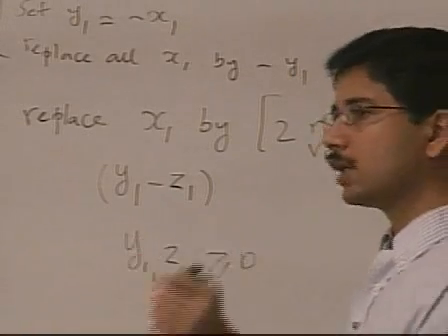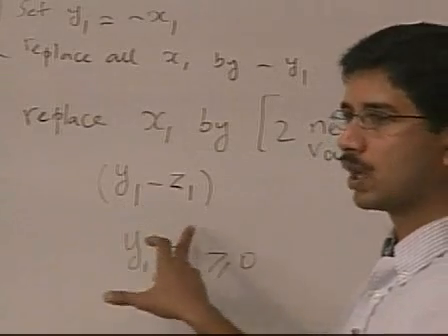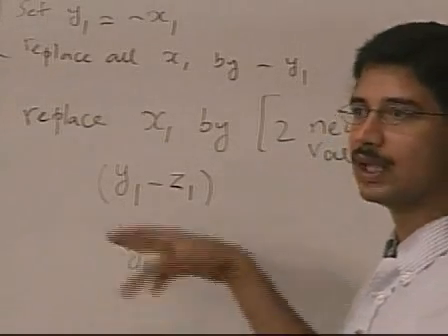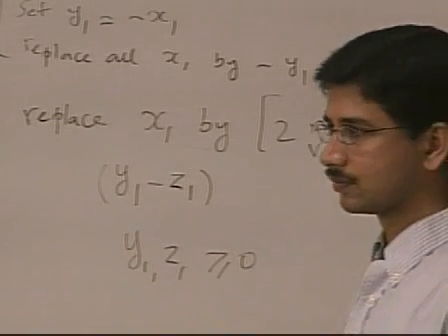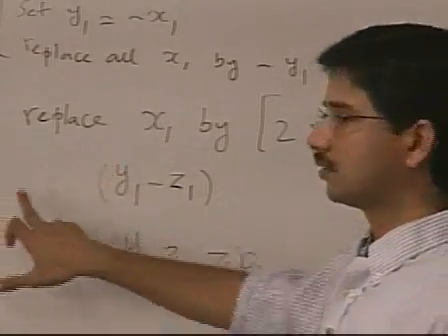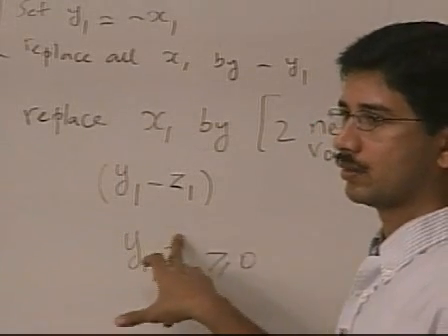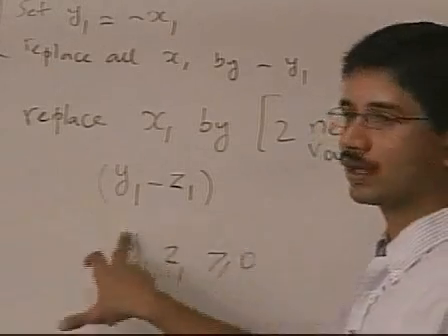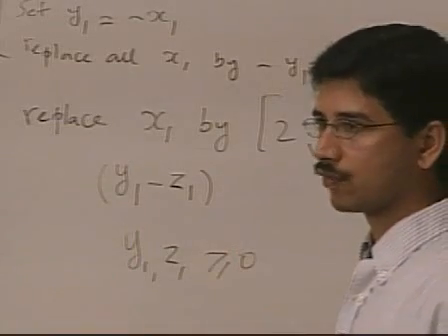So given any value of x1, you can find non-negative y1 and z1 such that y1 minus z1 equals that x1. So for every unrestricted variable, you will use one extra variable because you're replacing one variable by two. But this converts it to standard form.